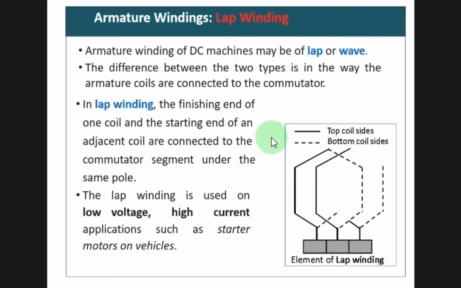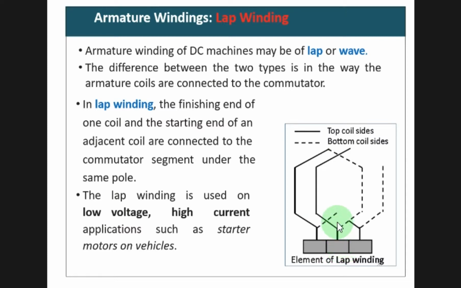In lap winding, the finishing end of one coil and the starting end of the adjacent coil are connected to the same commutator segment under the same pole.